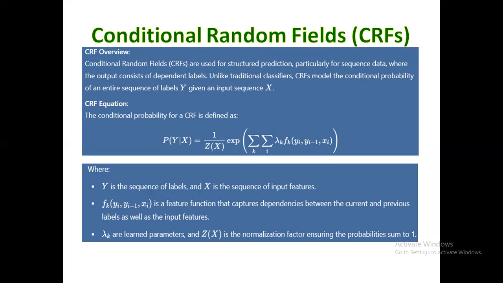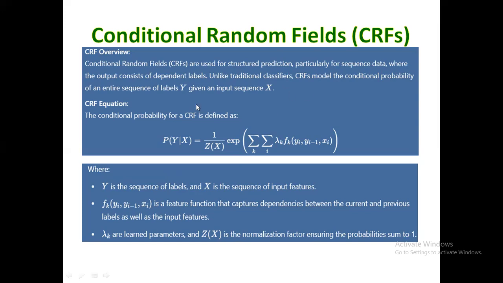In contrast to models that predict labels independently, like logistic regression, CRFs model the conditional probability of an entire sequence of labels given the input sequence. They are commonly used in tasks such as sequence labeling, part-of-speech tagging, and named entity recognition.